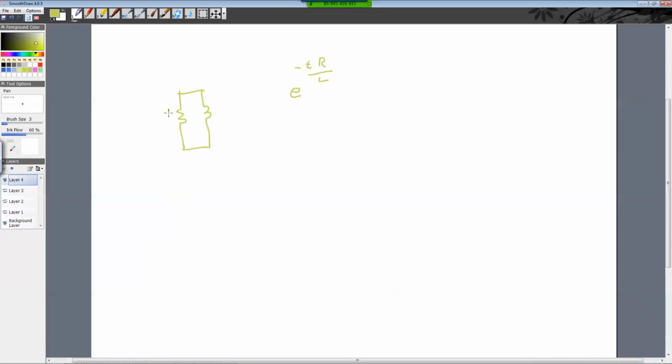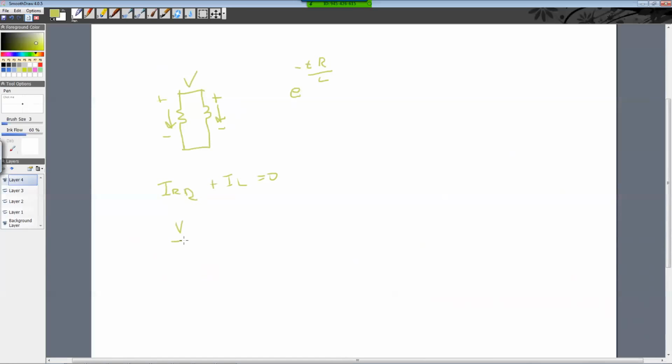So let's do a nodal analysis. Minus IR1, or that was R2, plus IL equals 0. I'm just going to label that V, right?